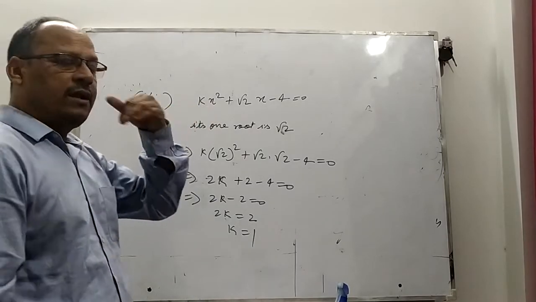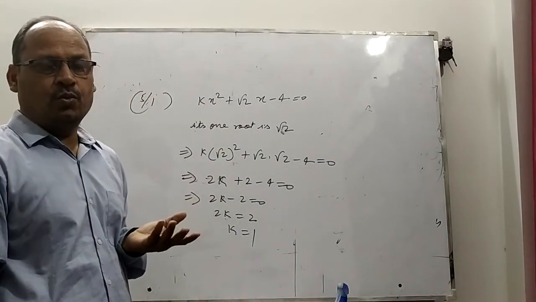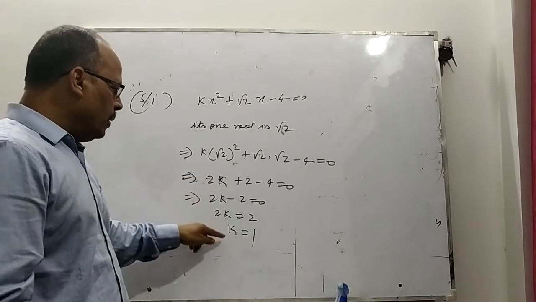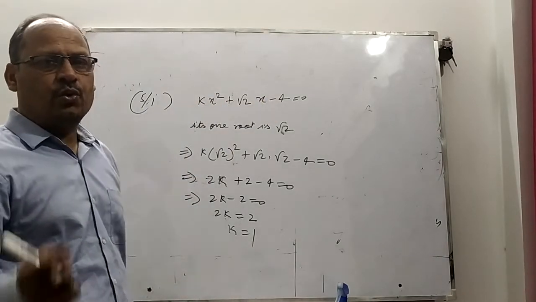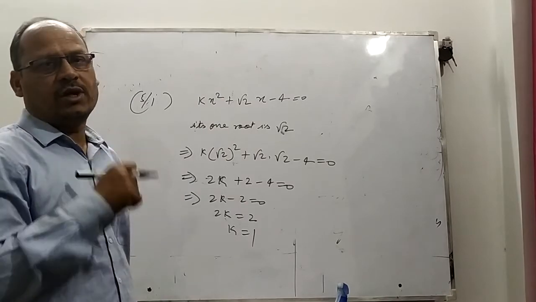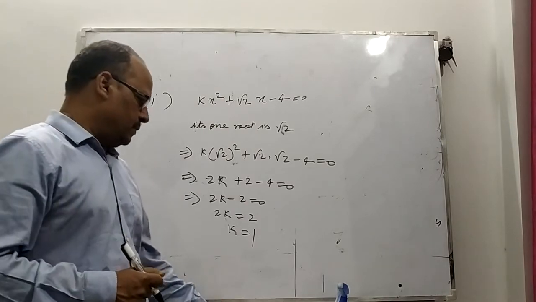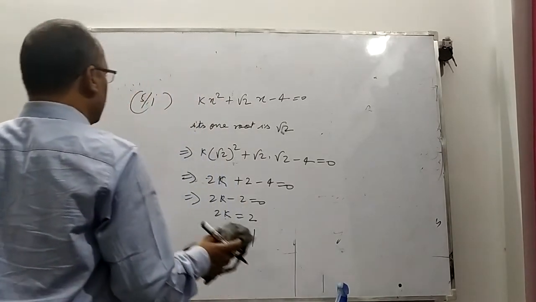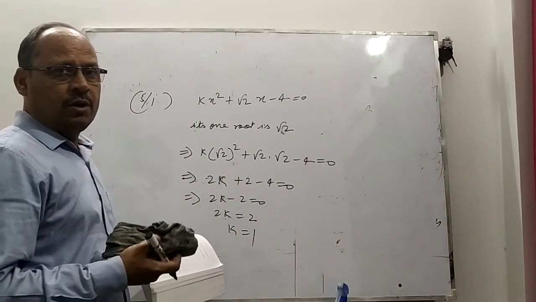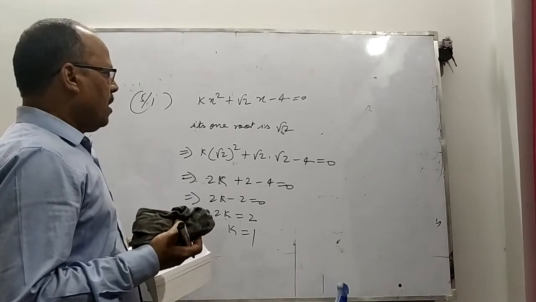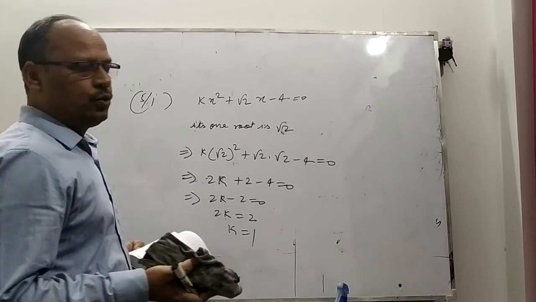Suppose you are asked to find the other root also. Then what will you have to do? You will put the value of k here, and then you solve this equation. You can get the second root also. But this question is not asking. I have explained how you can get the second root.